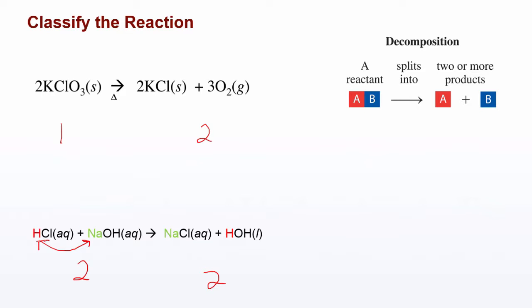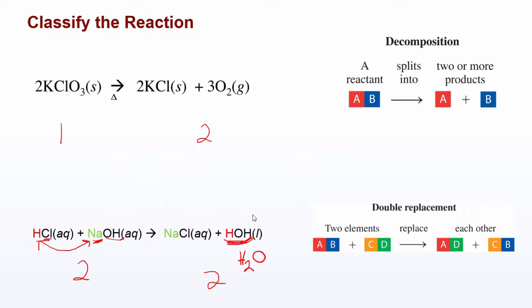So the chloride is now with the sodium when it was with the hydrogen before, and then the sodium has left the oxide here, and then the hydrogen has taken its place. And notice this is HOH, it's a liquid, that's actually water, so it could also be written as H2O. Okay, so that would be a double replacement reaction.